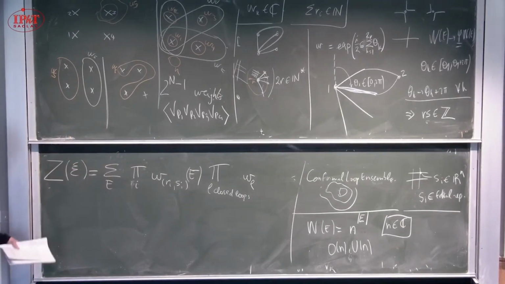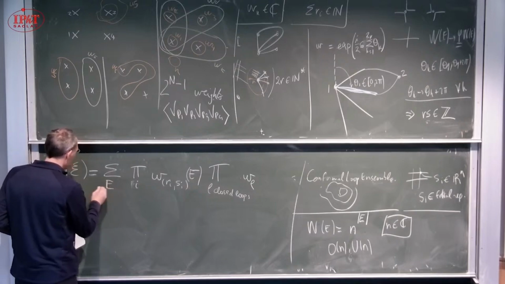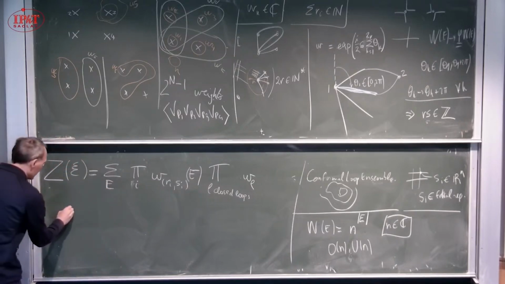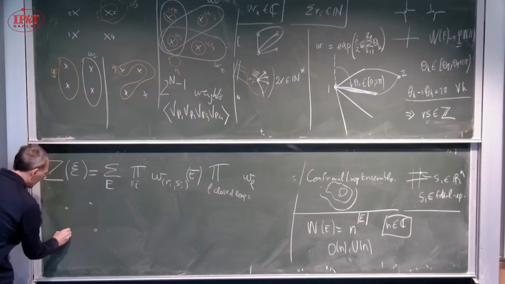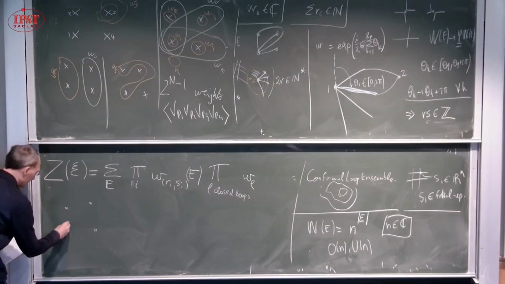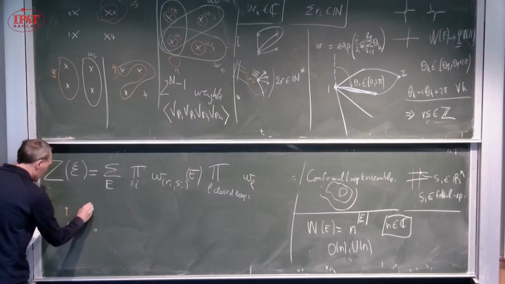The only thing I've not said is which ensemble I sum over. Because now I have a number of punctures with some valency. So valency means the number of lines that should end there.